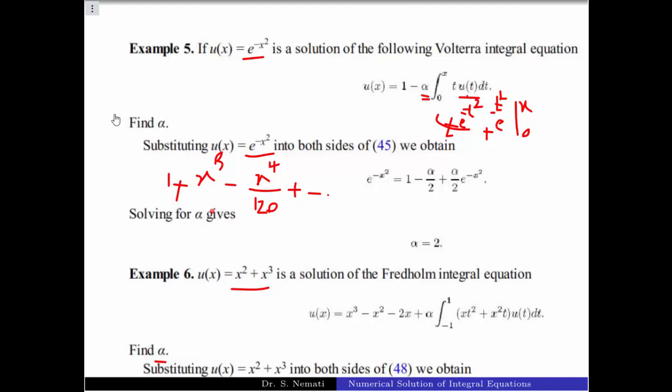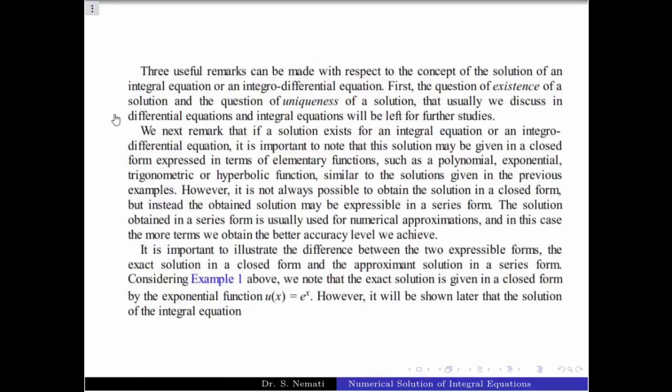So in these cases, the solution of the integral or integral differential equation isn't given by a closed form or explicit form. In such cases, you need numerical methods for finding an approximation for the solution. So it's important to illustrate the difference between the two forms: the exact solution in a closed form and the approximate solution in a series form.